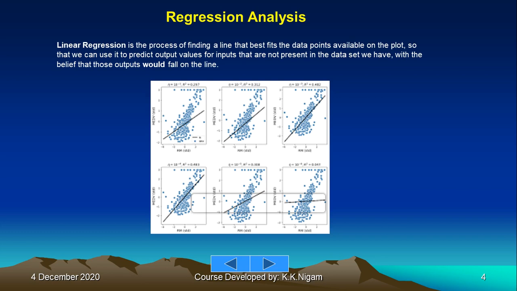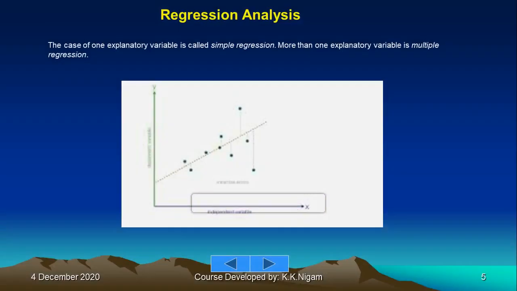Whatever line comes out, the outputs are going to fall within that itself. So that is how predictions can be made based on the model that you create with the help of the linear regression approach. The case of one explanatory variable is called simple regression. More than one explanatory variable is multiple regression.